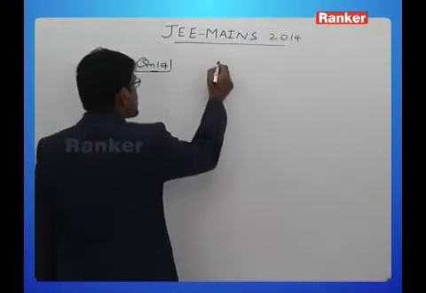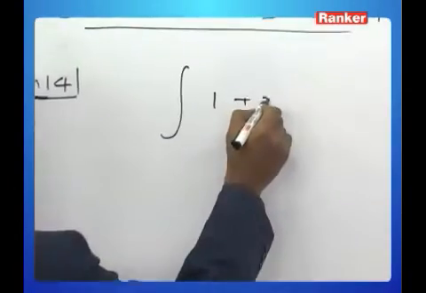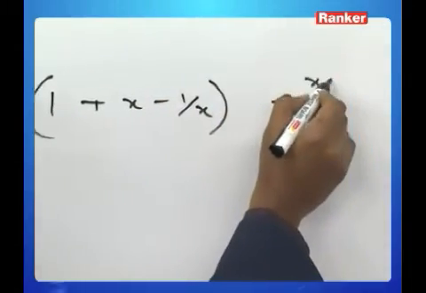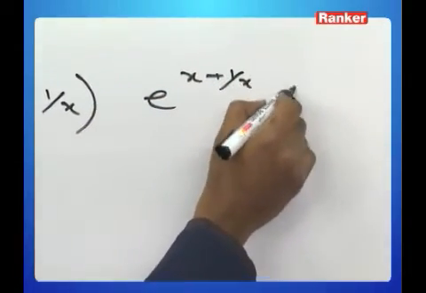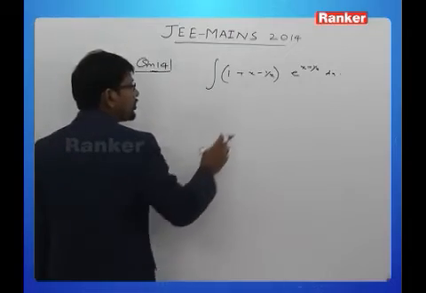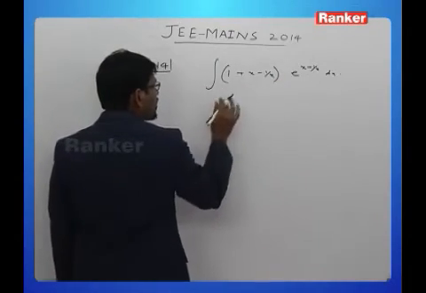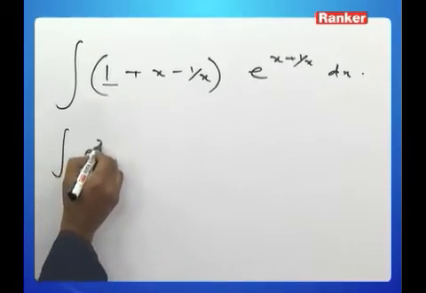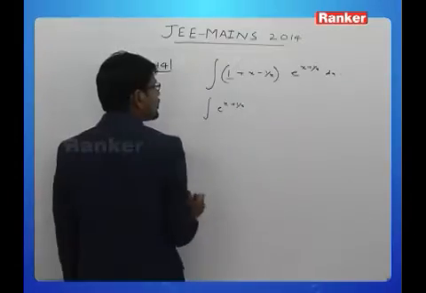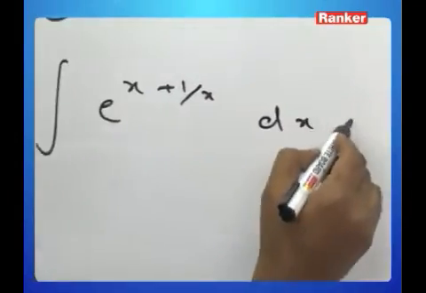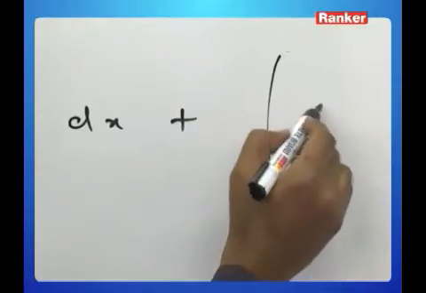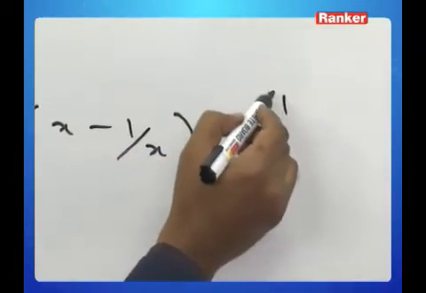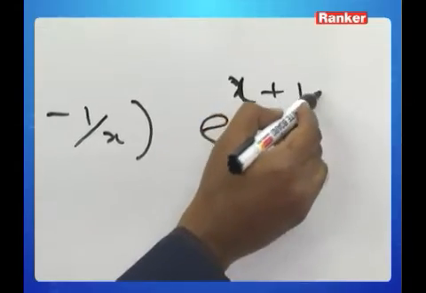Now this integral, 1 plus x minus 1 by x multiplied with e power of x plus 1 by x dx. What we'll do is we'll split this integral: 1 into e power, so that gives me integral of e power of x plus 1 by x dx, plus integral of x minus 1 by x into e power of x plus 1 by x.